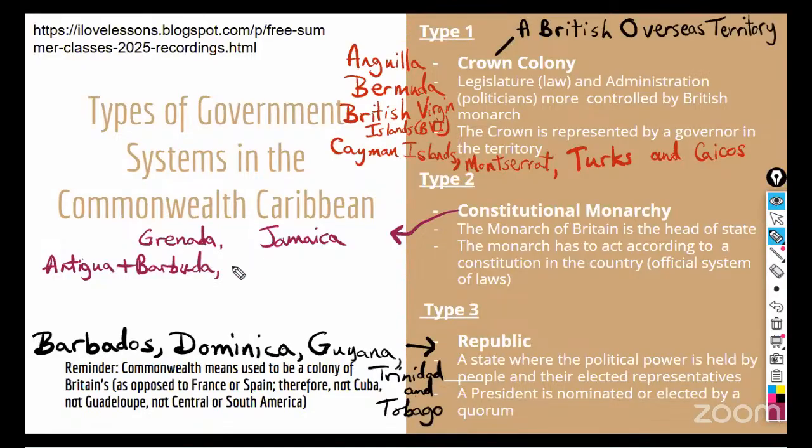Belize, sometimes Belize is considered part of the English-speaking Caribbean. They would fall in here, right? So I'm putting them in here. We already said Grenada, sorry, Jamaica, where else? All right, St. Kitts Nevis.